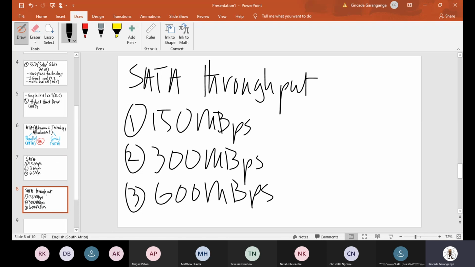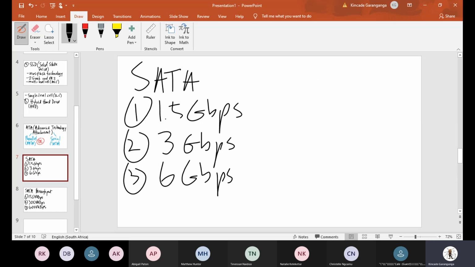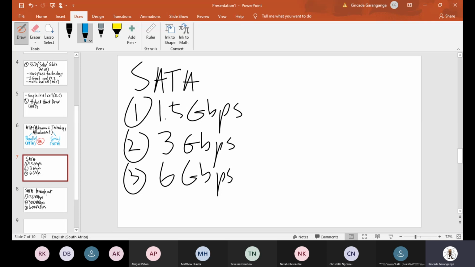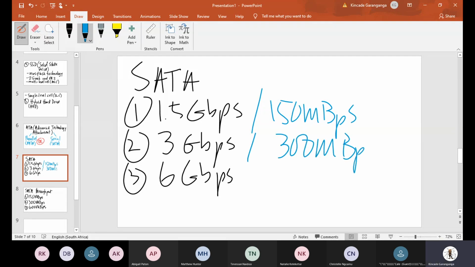Regarding the link with your specific environments, with throughput we are looking at the 150 megabytes per second that we mentioned, then 300, and then about 600 megabytes per second. That's the actual setup that you've got as far as the conventions go.